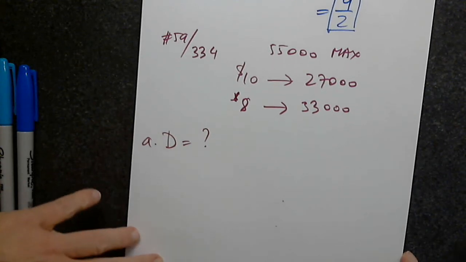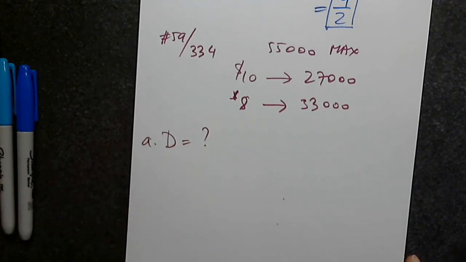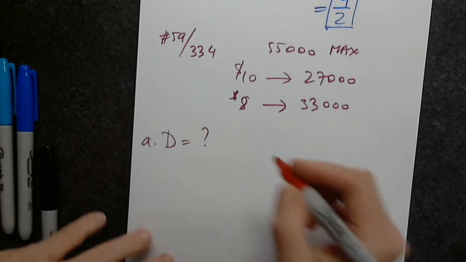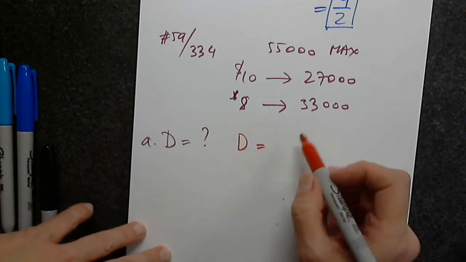So how do we determine the demand function and what will it equal to? So when we talk about the demand, we have basically a product. So the demand is a product of what?